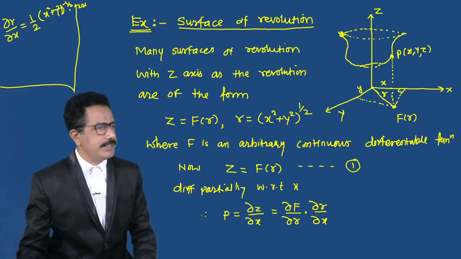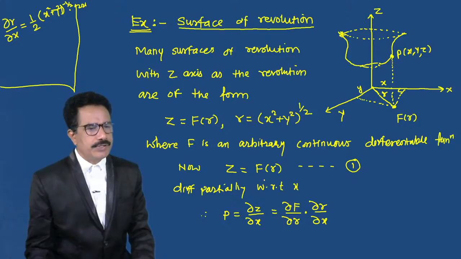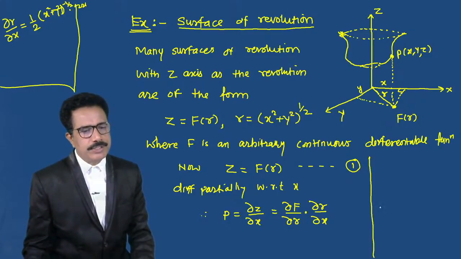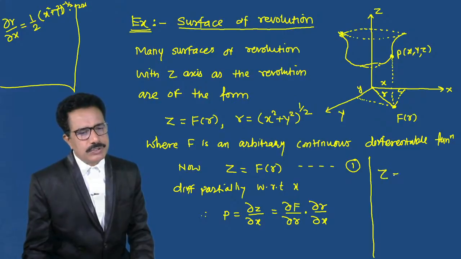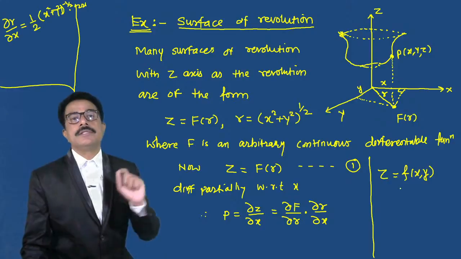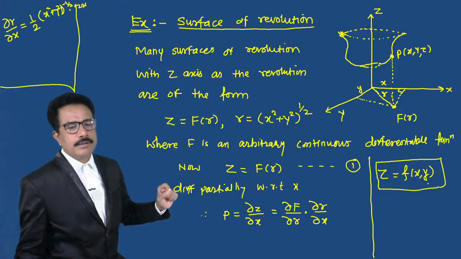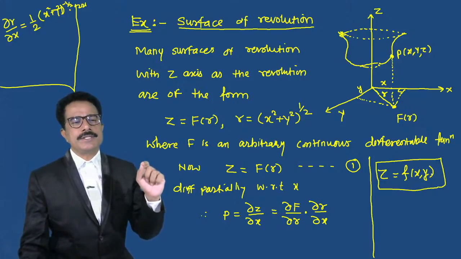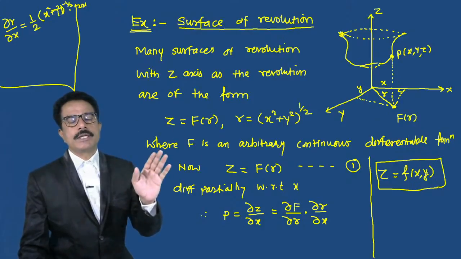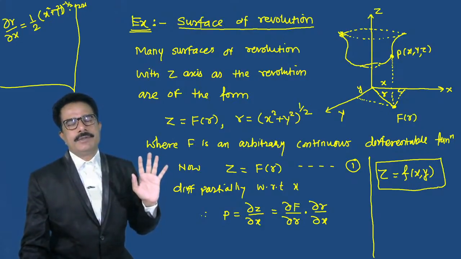Or we can write, see this, the function of the form z equals f of x comma y gives the surface generated due to the revolution of the curve about the z-axis.